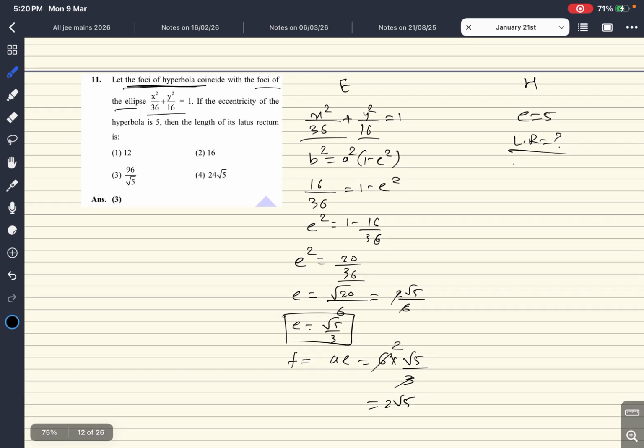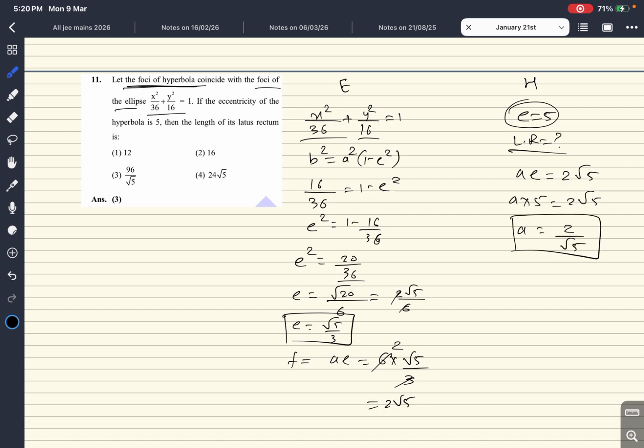Let us take the foci of the hyperbola will be (ae, 0) only, correct? So ae is equal to 2 root 5. So e is given 5, and 2 root 5, so what will be coming? a is 2 by root 5.